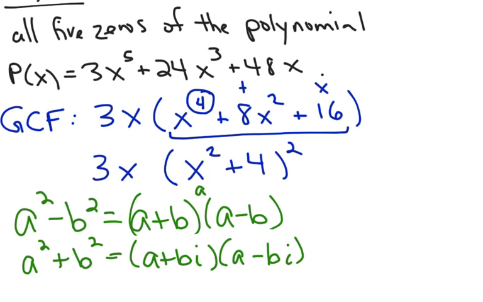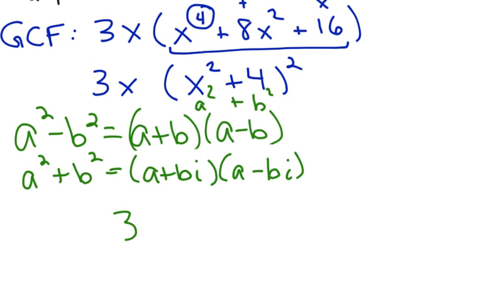So I want you to notice this is a squared plus b squared. That means that this is going to factor into, nothing happens to the 3x, and the x squared plus 4, let's pretend like it looks like this. Sorry, my handwriting's getting a little sloppy here.